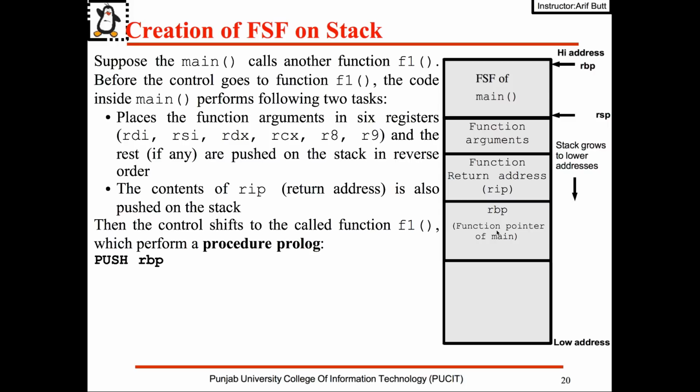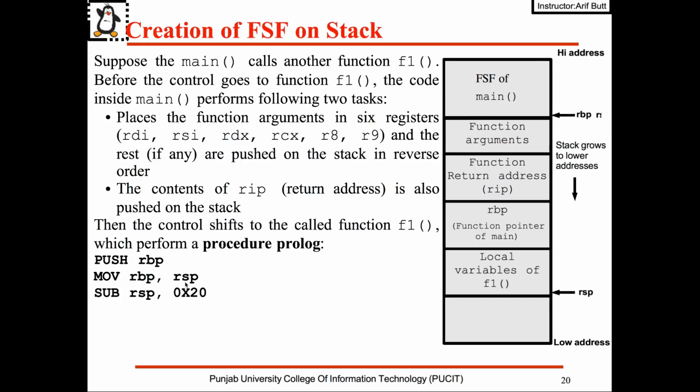And then we move RBP to where RSP is pointing. So RBP from here is moved to where RSP is pointing. Move RBP, RSP. And finally, move RSP down. From here, RSP is moved down below the stack.